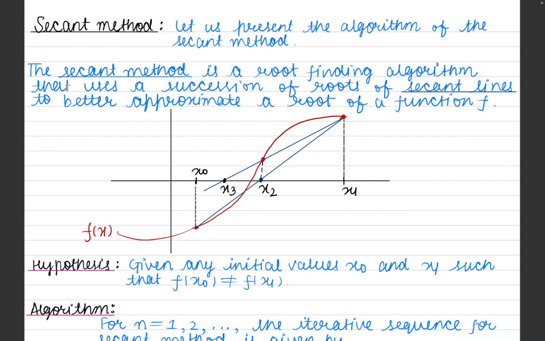So x naught is this point, and this is the point f of x naught, and this is my f of x.